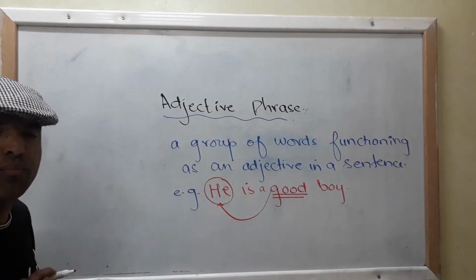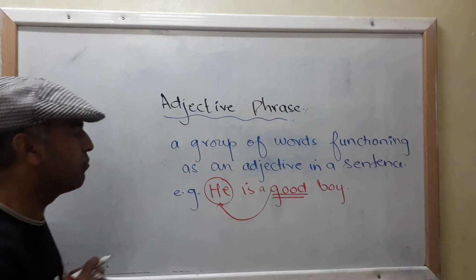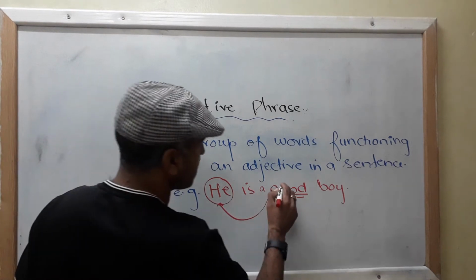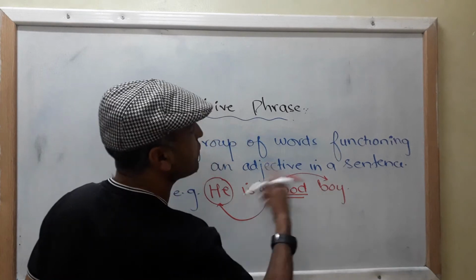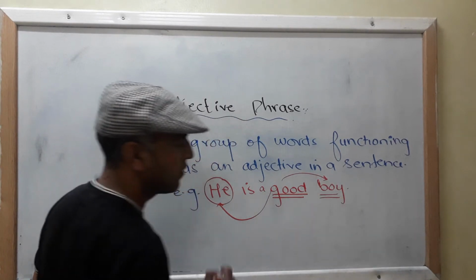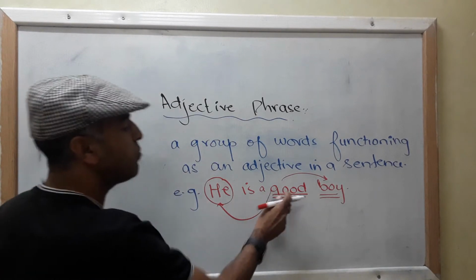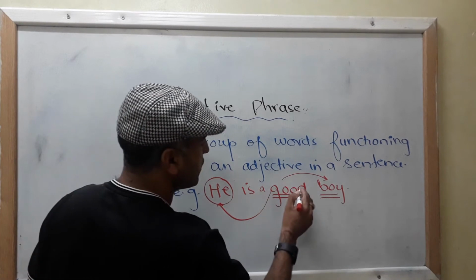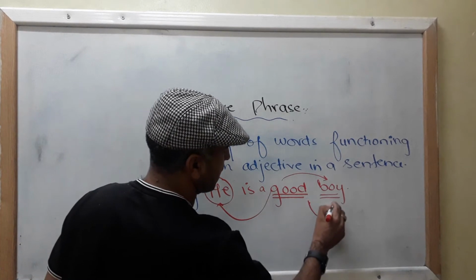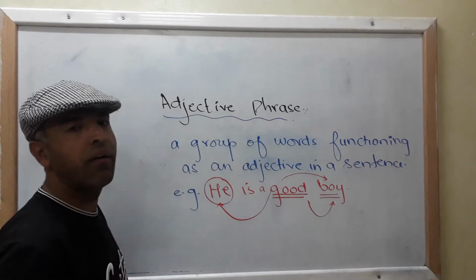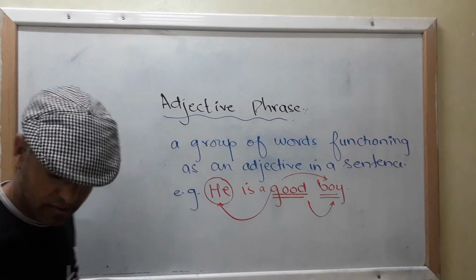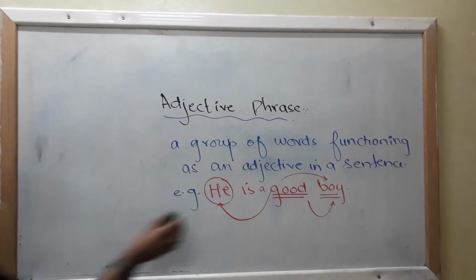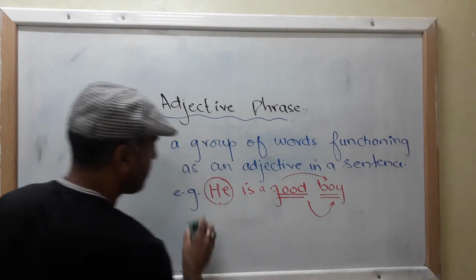He's a good boy. At the same time, it modifies your word boy. He's a boy. What type of boy? Good boy. Here, good is your adjective because it is telling you something about your common noun, that is boy. It is describing your noun, boy.